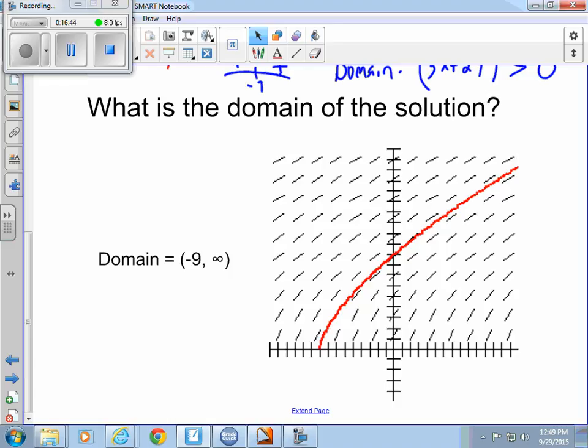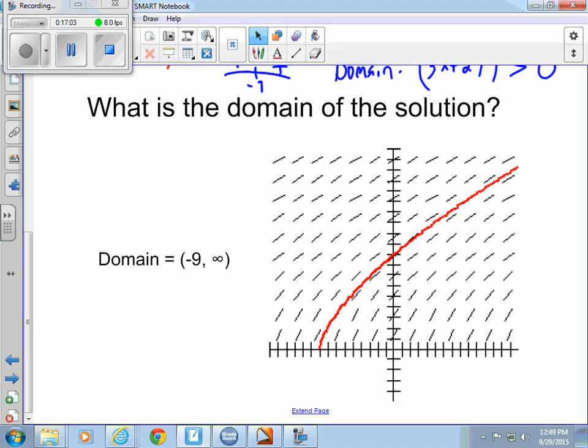We'll talk about those on Friday or Thursday maybe. This is a slope field, but I did want to pull one up to show you why we can only use this piece as our solution to our differential equation.